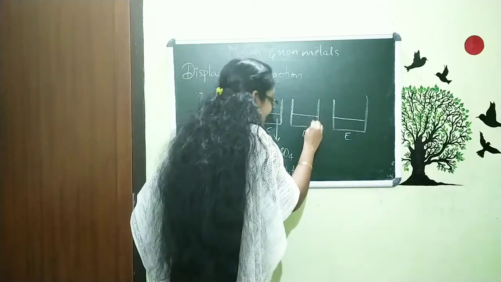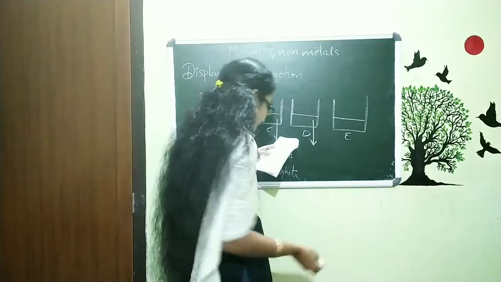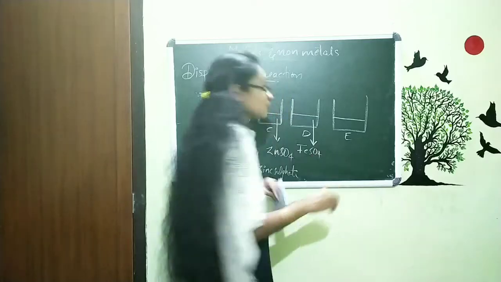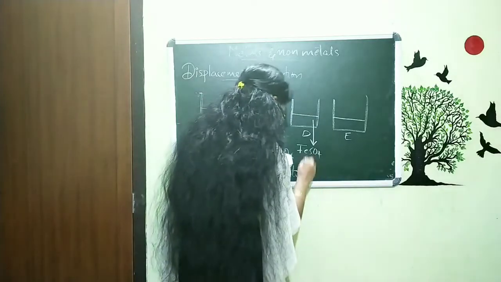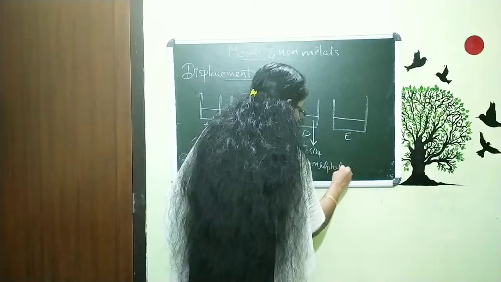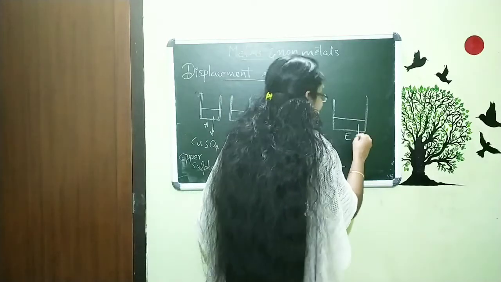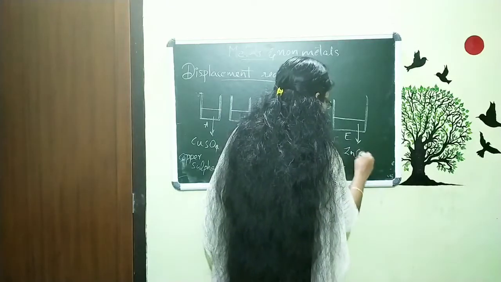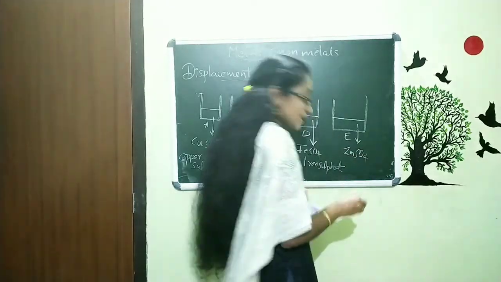In beaker D I am collecting FeSO4. FeSO4 means iron sulfate. And in beaker E, I am again collecting ZnSO4, zinc sulfate.